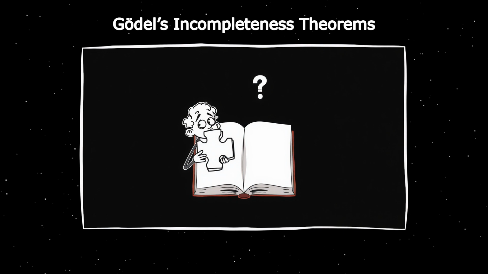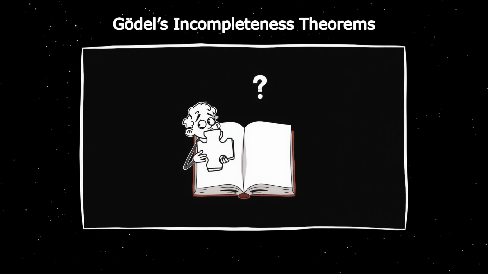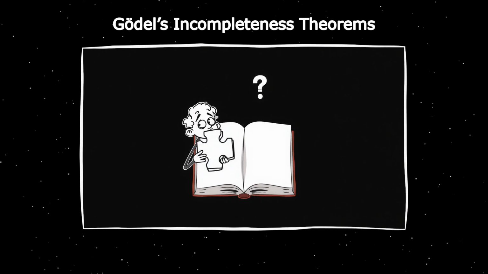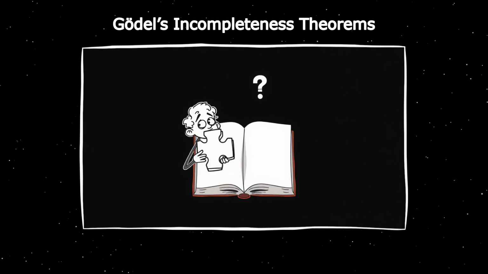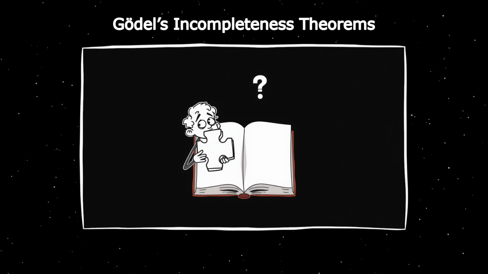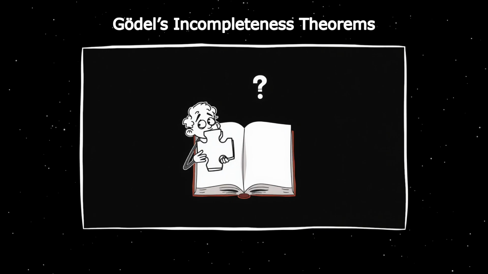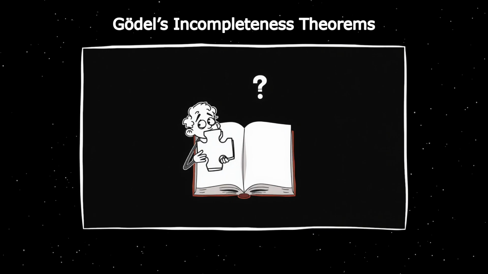Gödel used a clever technique known as arithmetization to accomplish these theorems. He transformed statements, proofs, and even the processes of proving into numbers. Among his most extraordinary contributions is the creation of a self-referential statement that essentially says, "This statement cannot be proven true."